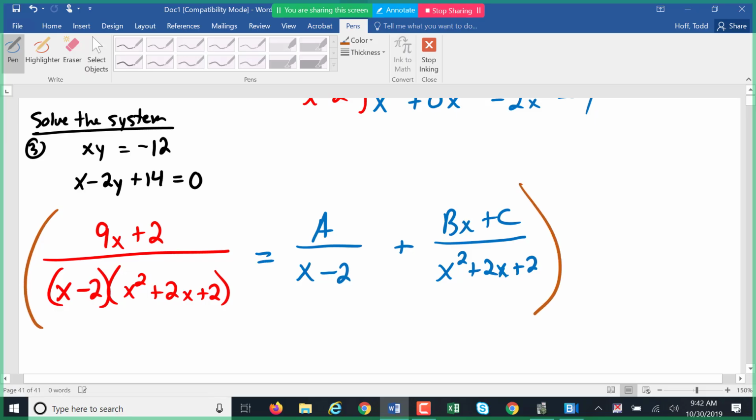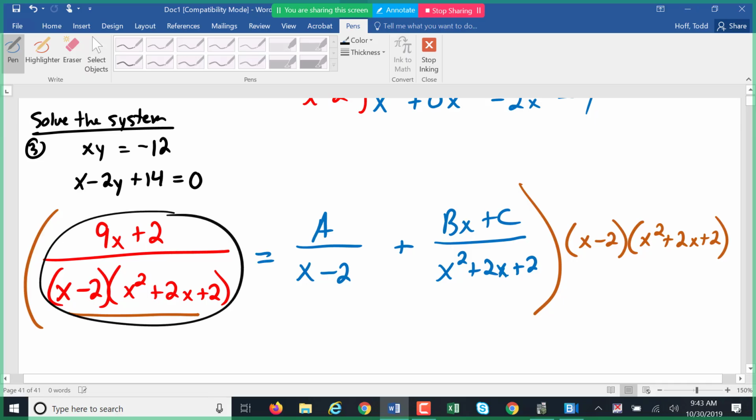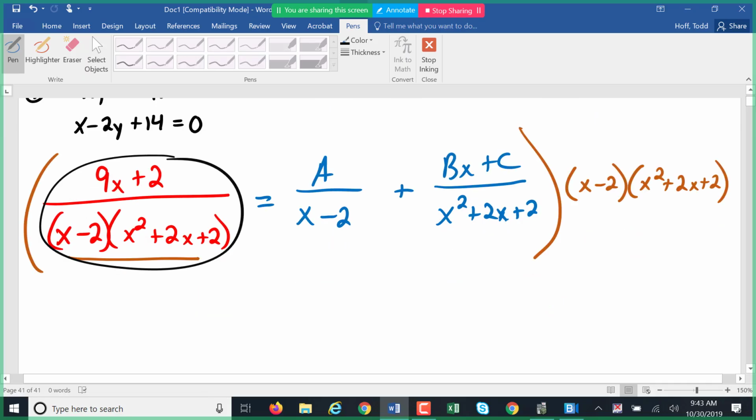And now we multiply this whole thing by this denominator, x minus 2, x squared plus 2x plus 2. So on the left side over here, our original fraction, the denominators just cancel out. Both the x minus 2 and the x squared plus 2x plus 2 cancel out, leaving us with x plus 2.